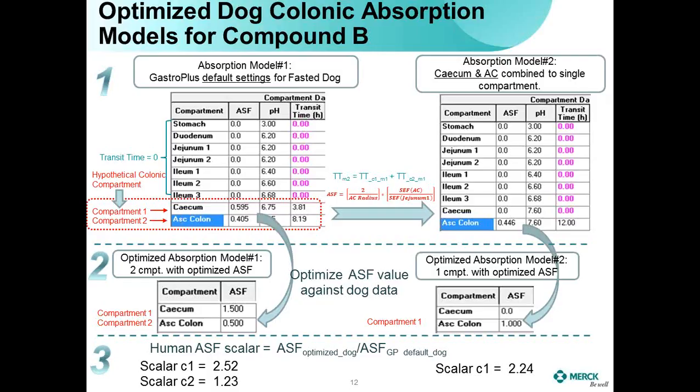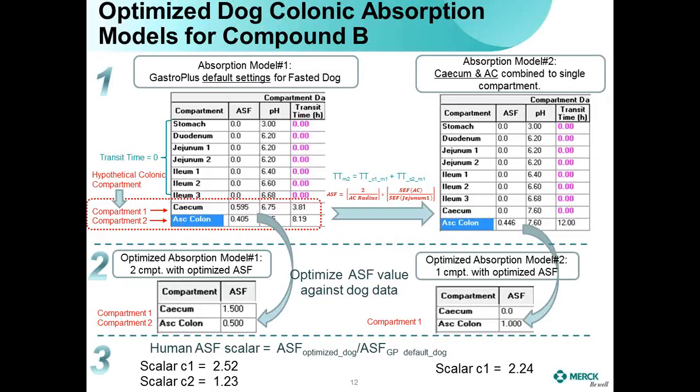So the default ASF setting in the 1-compartment model was adjusted accordingly based on the definition of the ASF in the theoretical SAV model, which takes into consideration the SEF in ascending colon, SEF in jejunum 1 compartment, and the radius of the ascending colon.